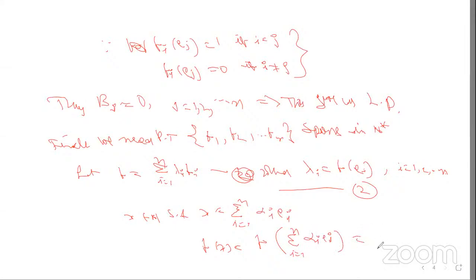This sigma outside, you read, then this can be written as sigma i equal to 1 to n alpha i, alpha is the constant scalar field, right? This can be written as f of ei. What is f of ei from 2? F of ei can be written as lambda i. Next step we will write sigma i equal to 1 to n lambda i ei, because lambda i is the f of ei from equation number 2.